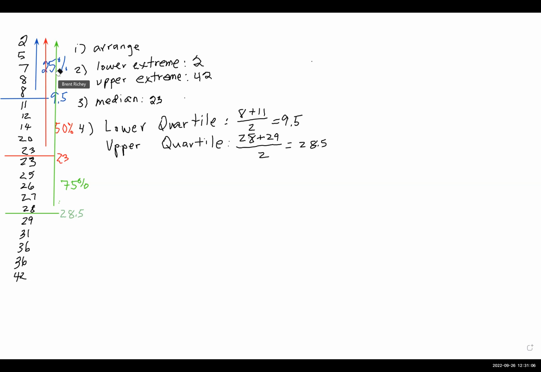I'm going to erase my colorful little arrows here in these numbers because they're just going to get in the way. All right. That was step 4. And then the last step is to draw our box and whisker plot.